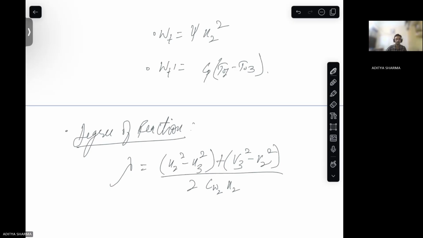So this is your expression for your degree of reaction. Okay.